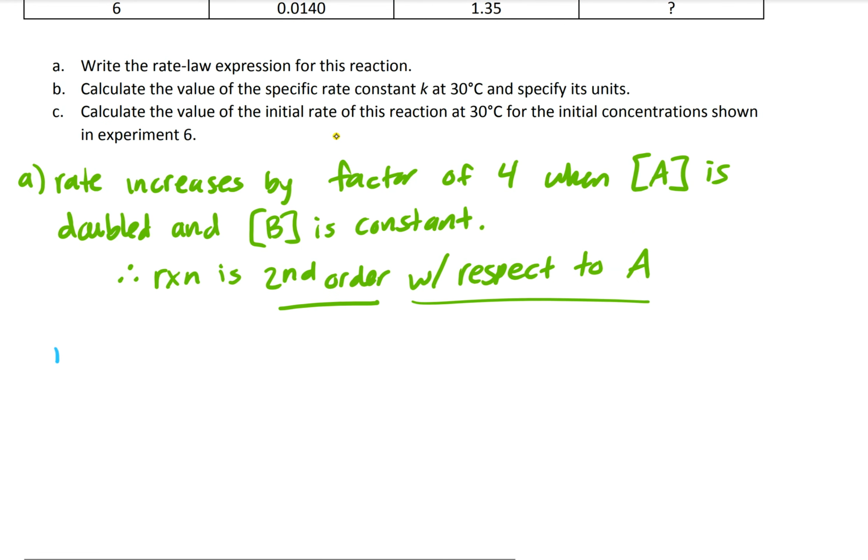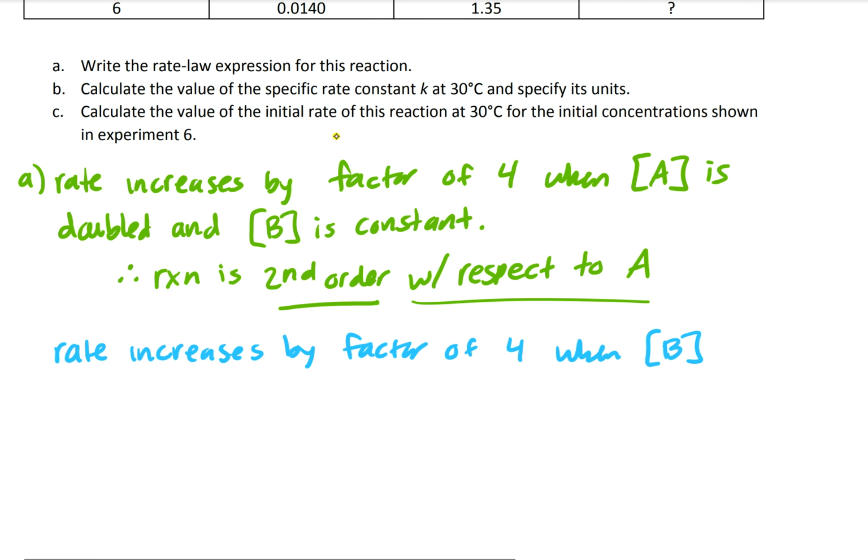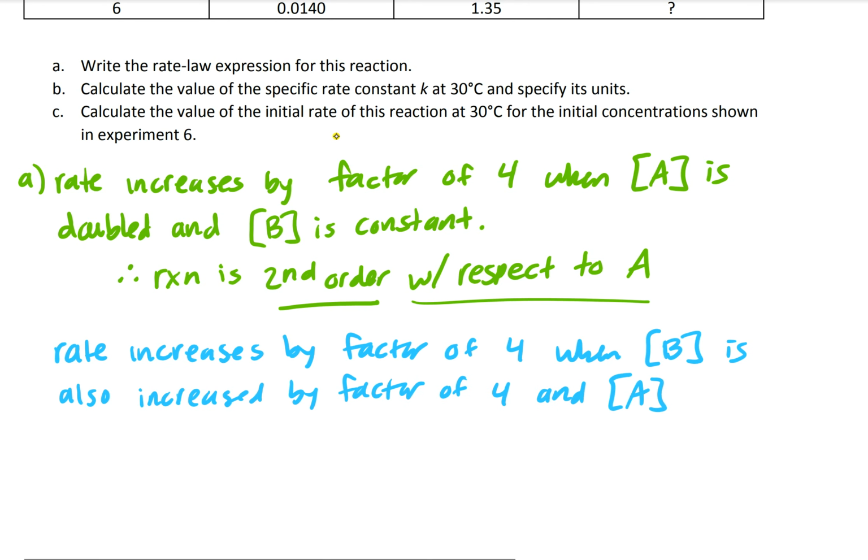So I would say the rate increases by a factor of 4 when the concentration of B is also increased by a factor of 4, and A is constant.